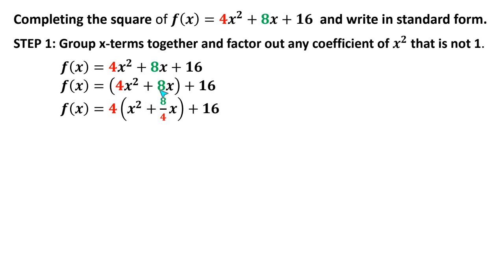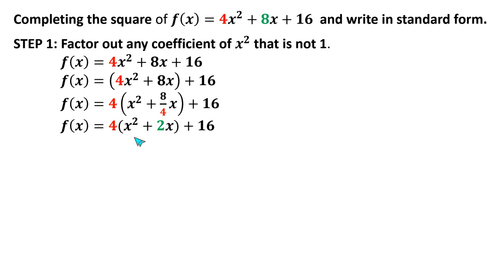And if I factor out a 4 from the 8, it's the same as saying 8 divided by 4, and so that becomes 2. So basically, what you end up with here is 4 times x squared, which is 4x squared, and 4 times 2, which is 8x. Okay, so now that we have a 1 in front of the x squared, we're going to be able to proceed.